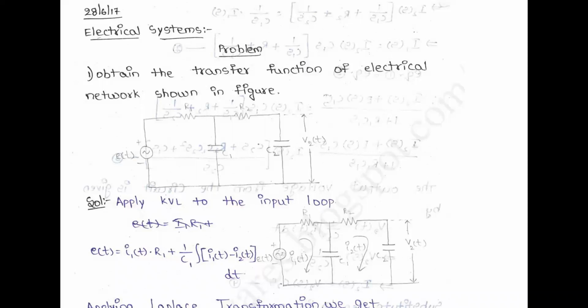First, we apply KVL in the first loop and the second loop. Applying KVL to the input loop, the applied voltage E(t) is equal to R1 times I1(t) plus 1/C1 ∫ (I1(t) − I2(t)) dt, since C1 is connecting the first loop and the second loop.